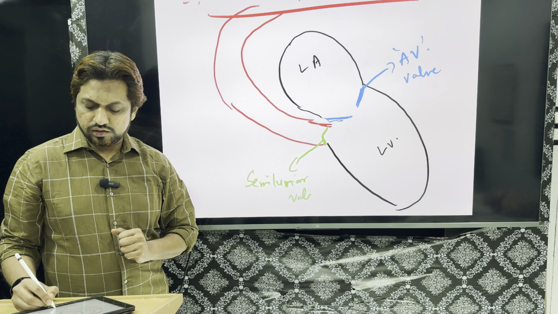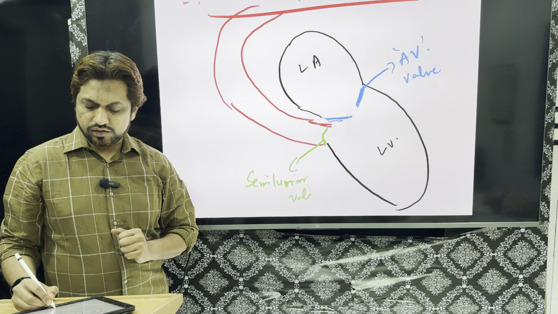The blood from the atria rapidly enters the left ventricle, and the ventricular pressure is reduced. I will come back to the same graph once again. From the opening of the atrioventricular valve, the pressure goes down almost to zero.